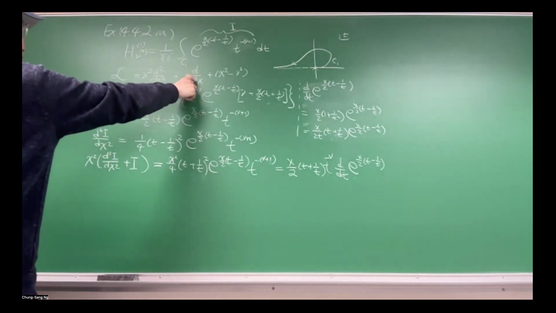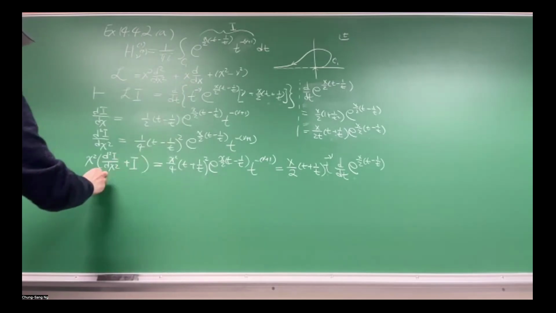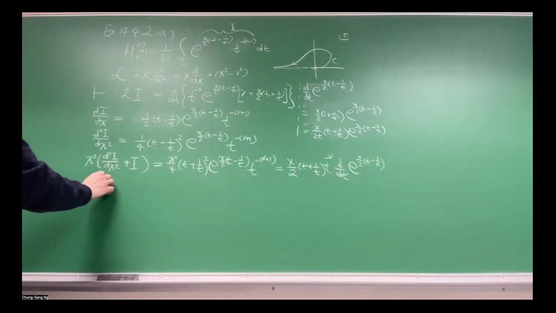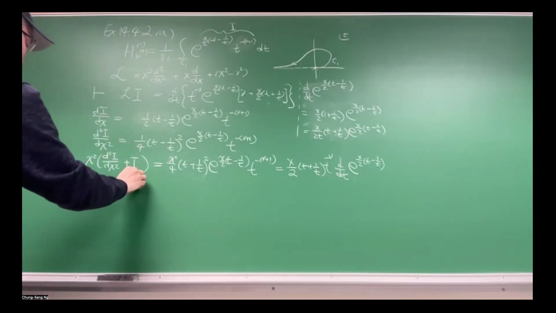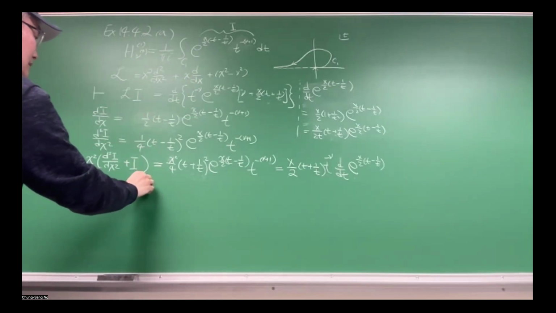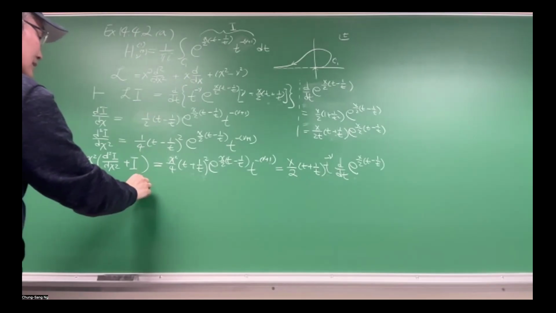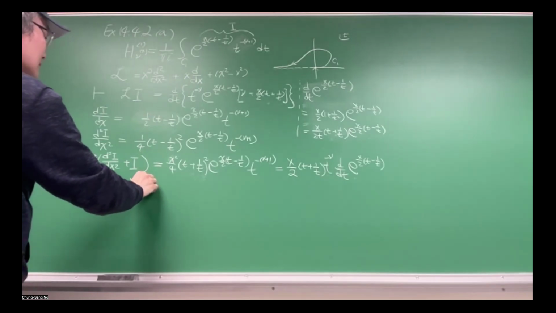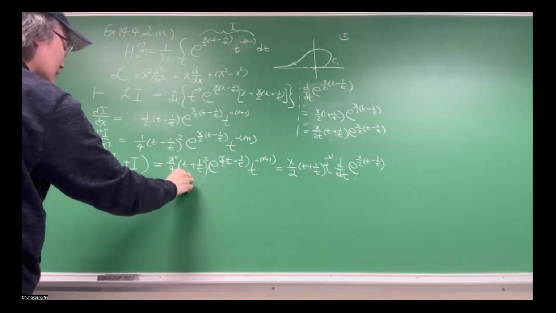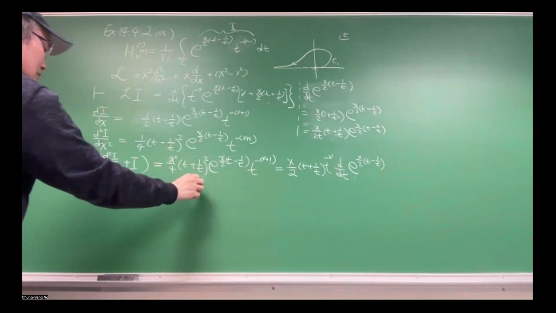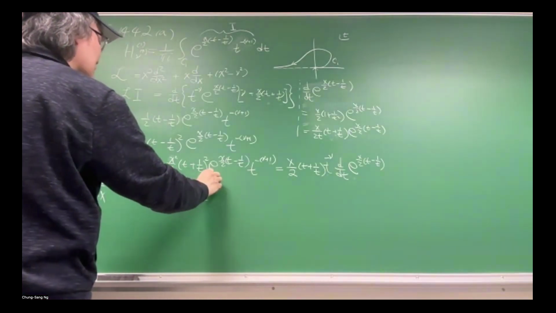So let's consider this term, x d/dx. Now as x over 2, now you have t minus 1 over t, t to the minus nu plus 1, exponential function.